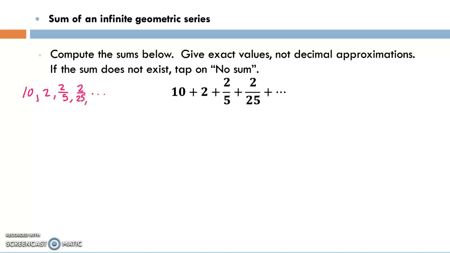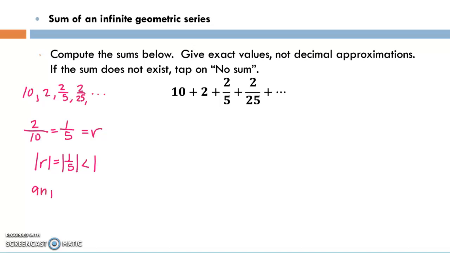So to find R, we take A2 and divide it by the previous term, and we get 1/5. So this is our R value, which means that the absolute value of 1/5 is in fact less than 1.